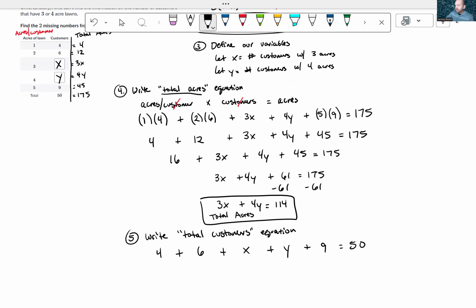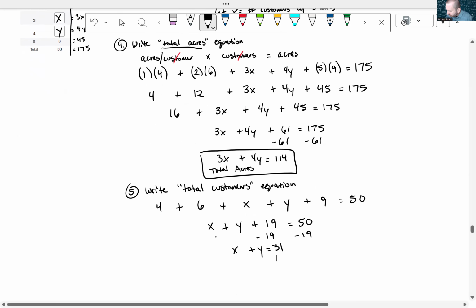And then here we were adding together the total acres, and again, we got the total acres by acres per customer times customers. Okay, so now you have x plus y plus 19 equals 50. We're going to subtract 19 from both sides just to simplify this a bit more, and we get x plus y equals 31. And that's our total customers equation.